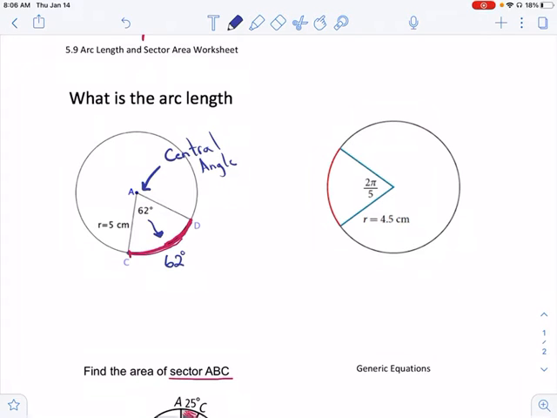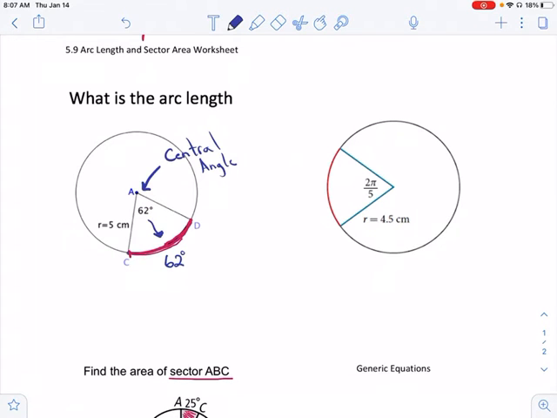So the relationship between a central angle and the arc is actually 1-to-1. So if that central angle was 50 degrees, then we could say that that arc is 50 degrees as well. And that makes sense, as I go all the way around the circle, I get 360, and so forth.